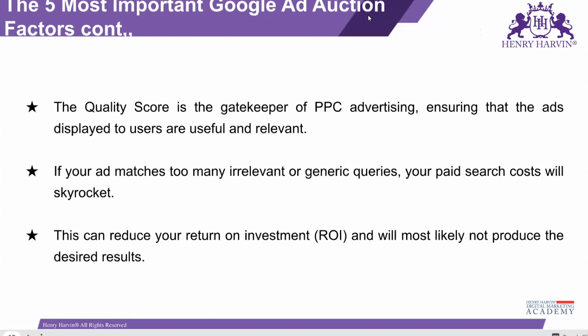If they don't find their solution on your website, you will just have to pay the cost per click, but you will not get any conversion. And this ultimately reduces your ROI, return on investment.